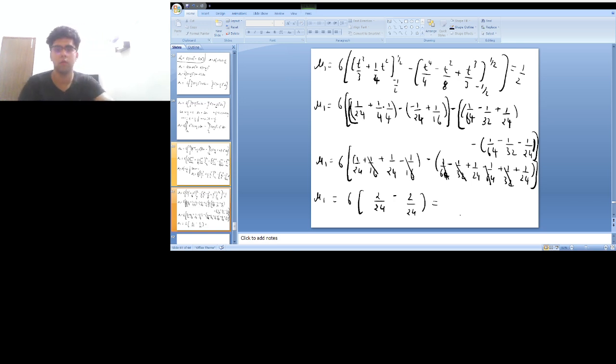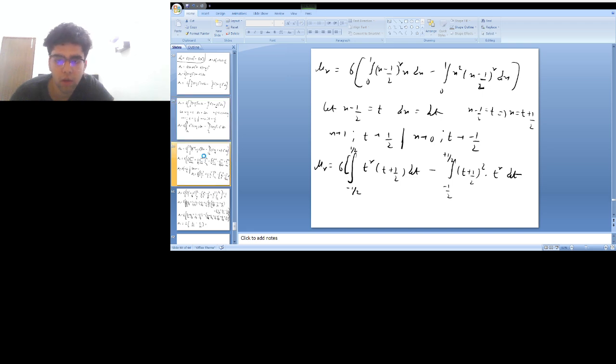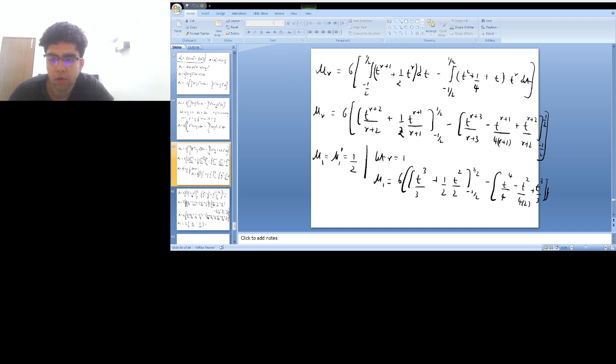I made some error while substituting the values. Let me check. So it's right here. 1 plus 3, 1 upon 4, 1 upon 4 minus 1 upon 2, 4 into 2, 8, plus t cube upon 3. So this is t cube upon 3 plus half into 1 upon t square upon 2.